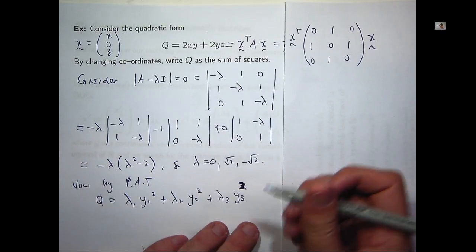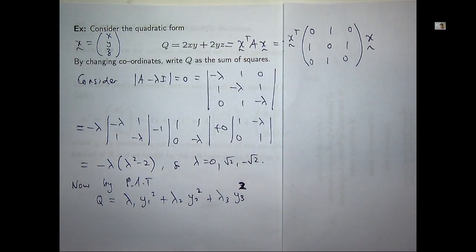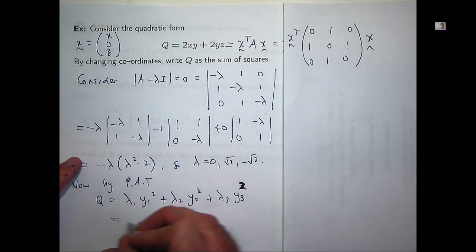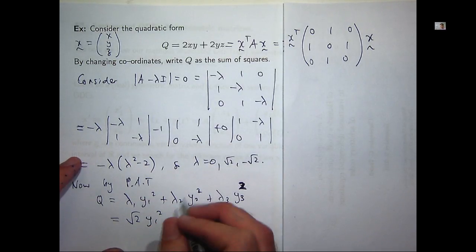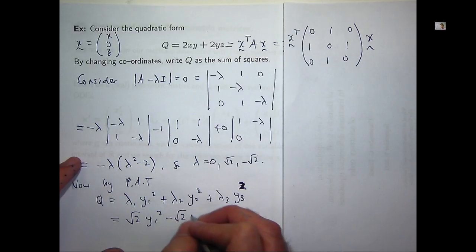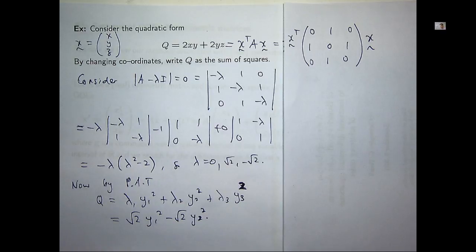So the principal axes theorem tells us that I can write Q as a sum of squares, right? Now, it doesn't matter which way you put in your lambdas here. It's still going to be correct. So I'm just going to make lambda 3 equal to 0.